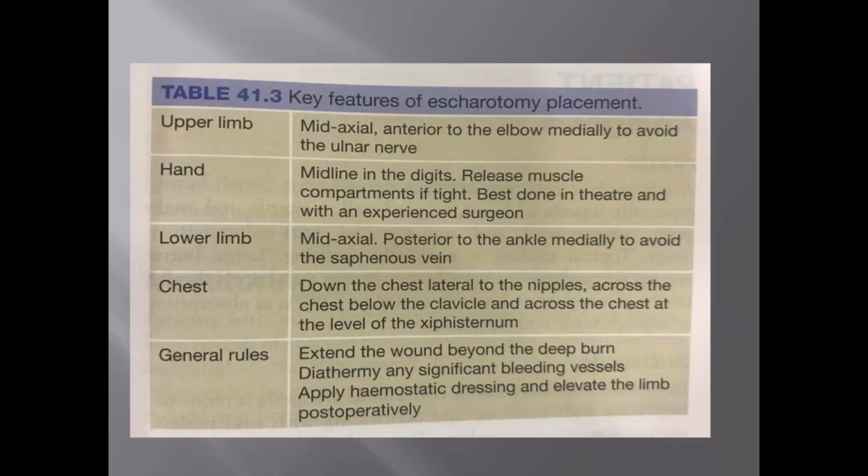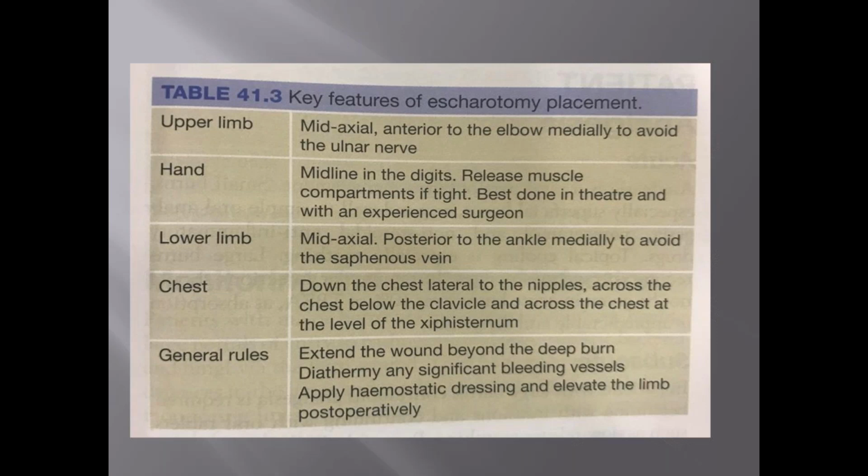So what are the sites for this escharotomy? In the upper limb, it is mid-axial, anterior to the elbow, medially to avoid ulnar nerve injury. In hands, midline in the digits, release the muscle compartments on the side, best done in theatre with an experienced surgeon. In lower limbs, it is done mid-axial, posterior to the ankle, medially to avoid the saphenous vein.